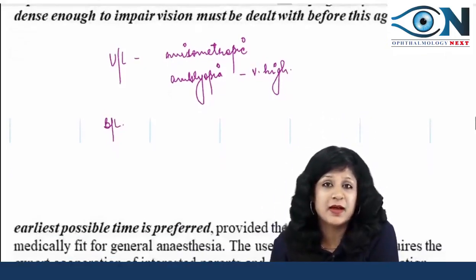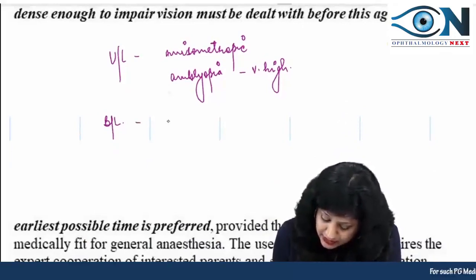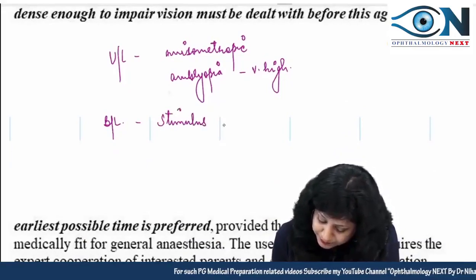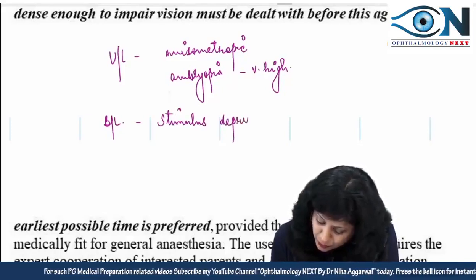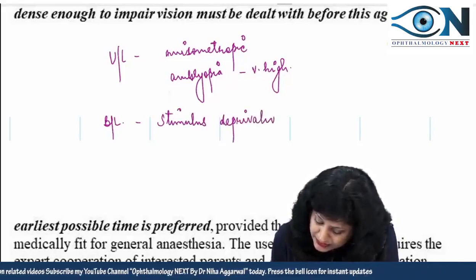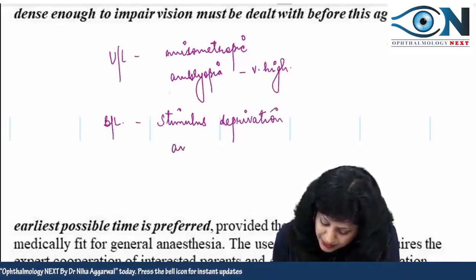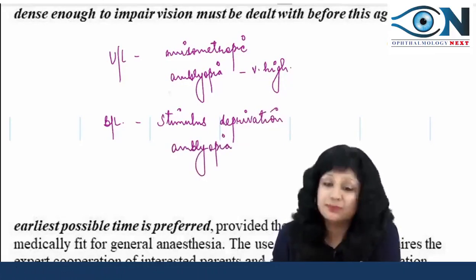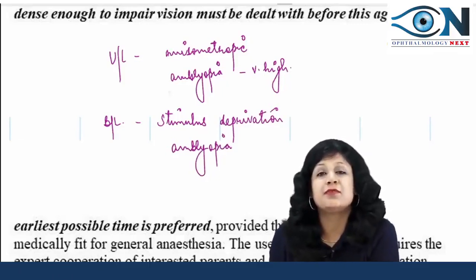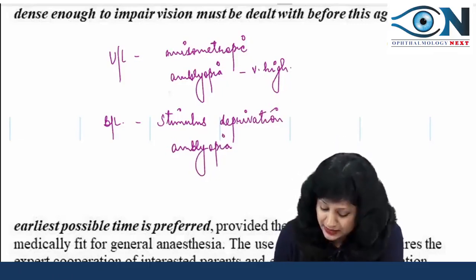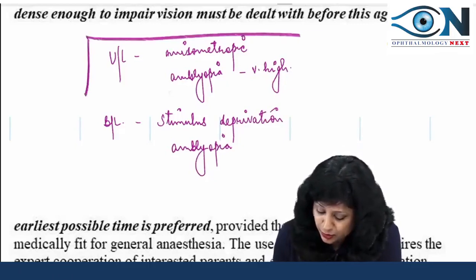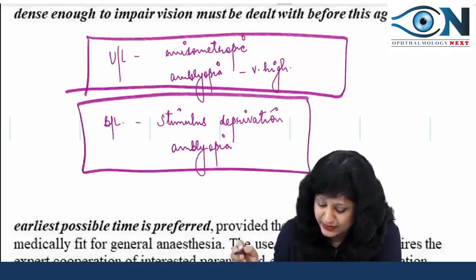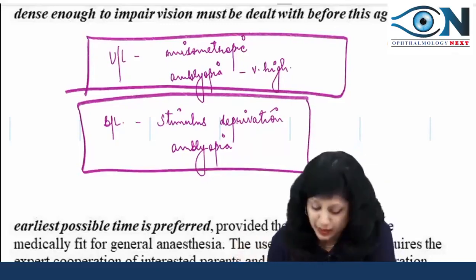The patient is not able to see with either eye. In those cases, we have more stimulus deprivation amblyopia. So there are chances of amblyopia in both kinds of cataract, but in unilateral cataract we have more chances of anisometropic amblyopia. When I talk about bilateral, then it is stimulus deprivation amblyopia.